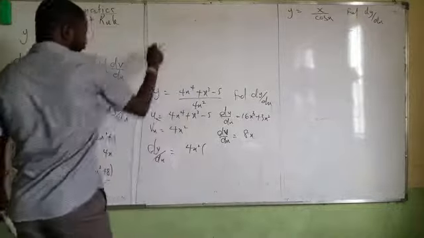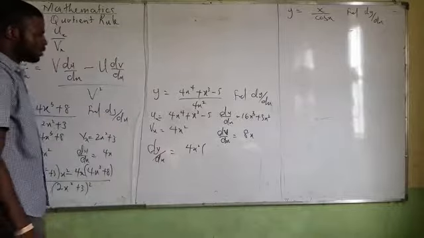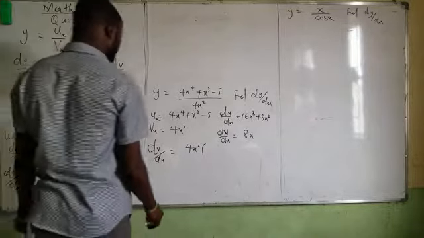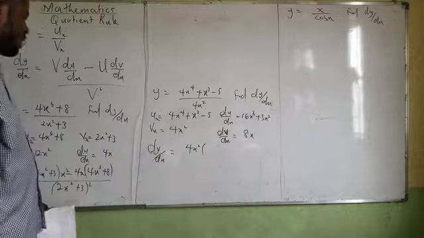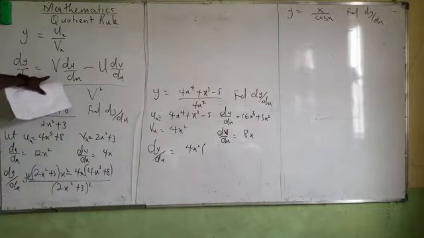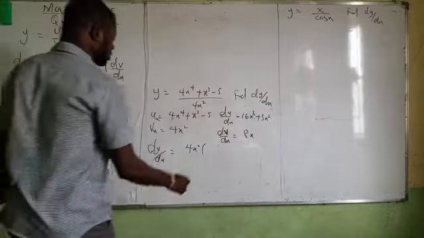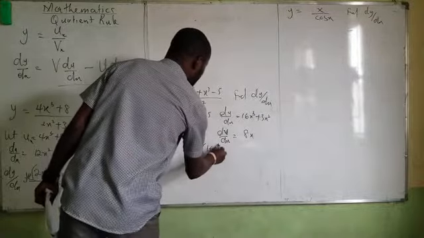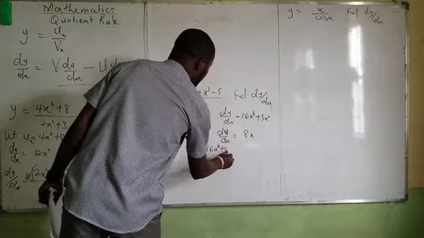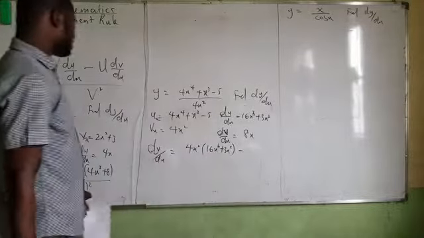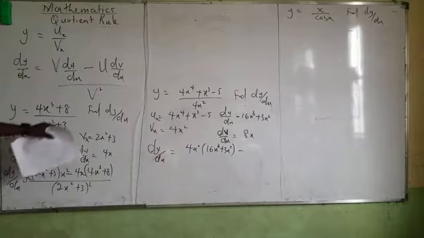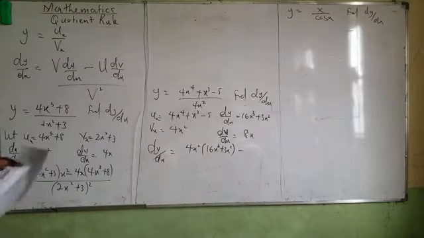Okay, now I have this, and my du/dx is 16x cubed plus 3x squared, and minus, what is my u?